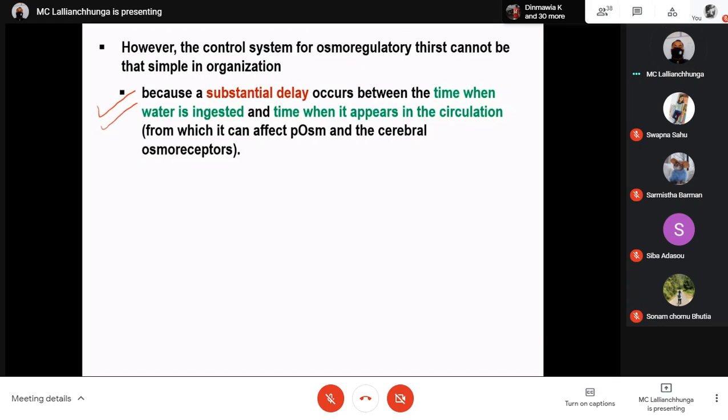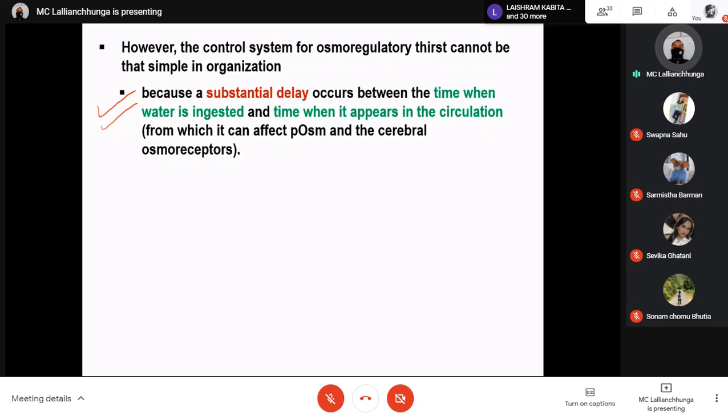My point is that we feel thirsty because there is increased plasma osmolarity, which means it is in the bloodstream. But when you drink water, and it has reached only the stomach, before absorption of water, there is satiation for thirst, or thirst is inhibited.